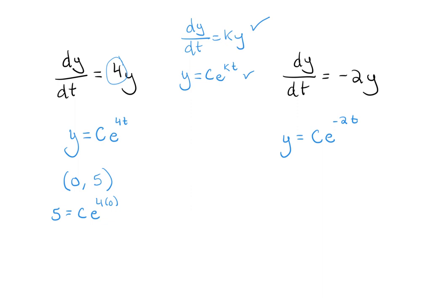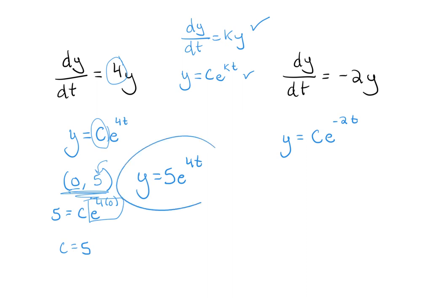Well, this will go to 1, and you divide by 1, so c equals 5. So remember how I talked about that's your initial value, which would also be that y-intercept, the number that matches up with 0. So in this case, it would be y equals 5e to the 4t.